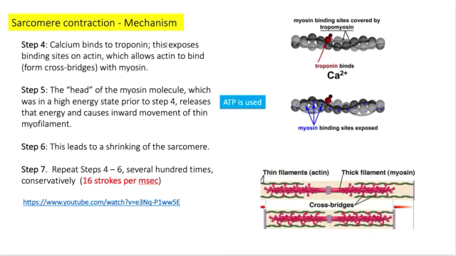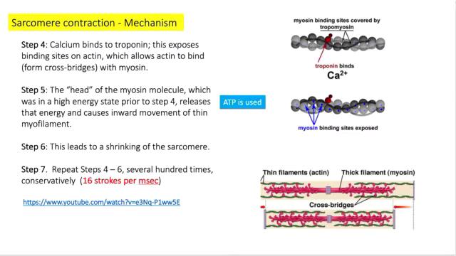This exposes a binding site on the actin molecule. It moves aside the tropomyosin that is covering a binding site between the actin molecule and the myosin molecule. The thick myofilament and the thin myofilament can bind, and we call these cross bridges.